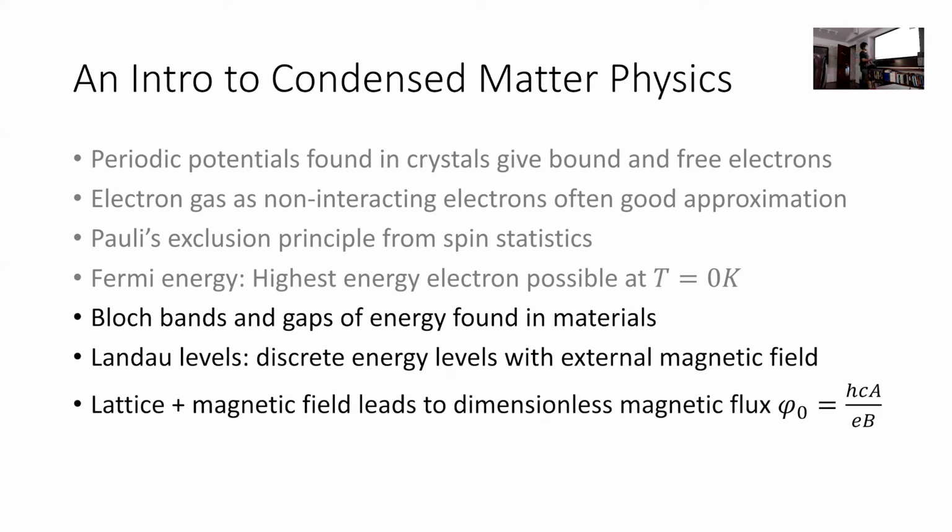By using Planck's constant, the speed of light, the electric charge, and the magnetic field strength with the area, you can get this dimensionless quantity, which makes it very number theoretic because we're taking out the man-made units and getting to the foundational math.